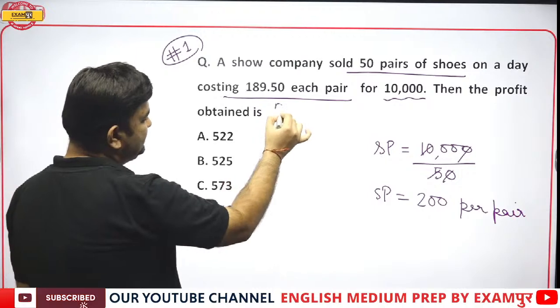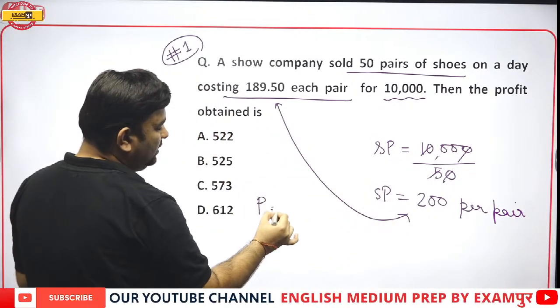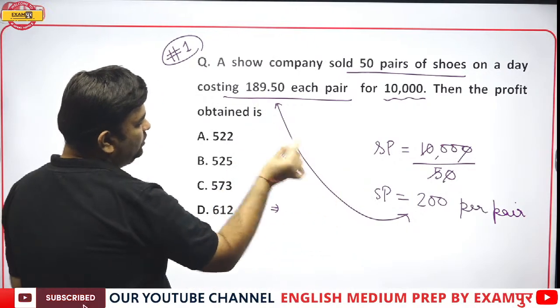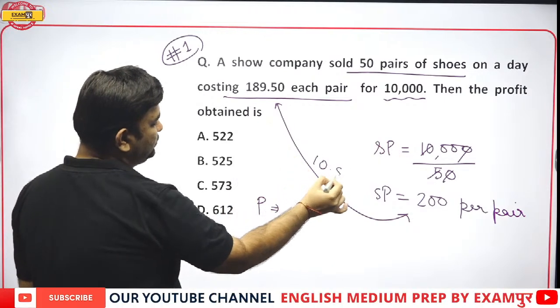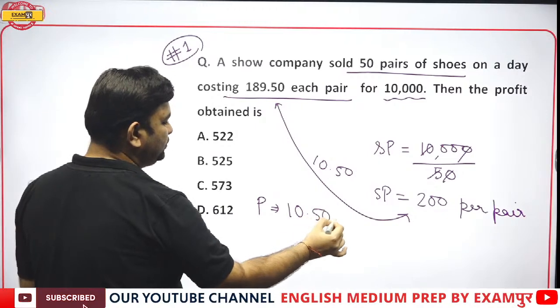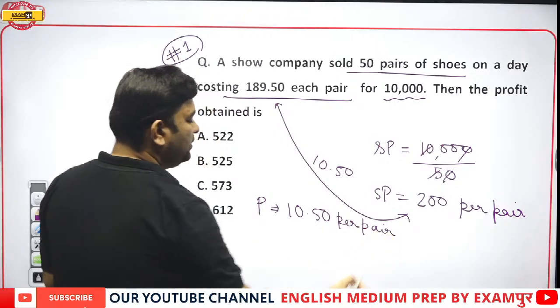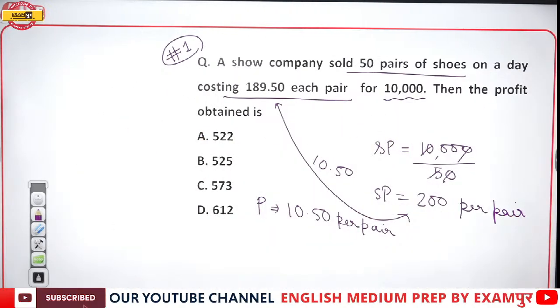So how much is the profit per pair? The profit per pair is 200 minus 189.50, which is 10.50.